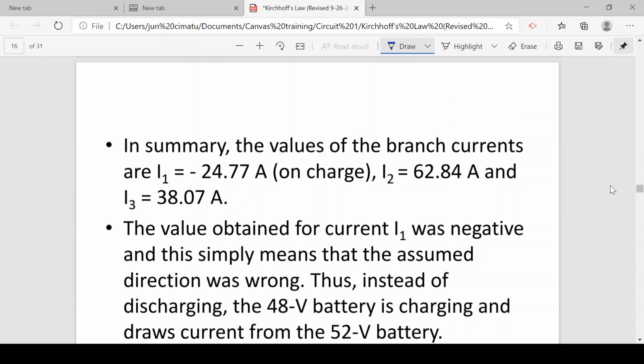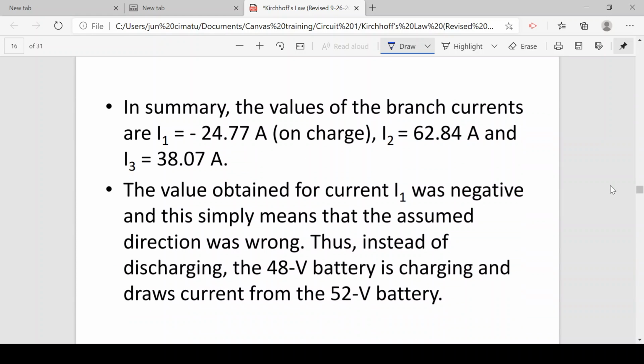So, in summary, we have a current I sub 1 which is negative.